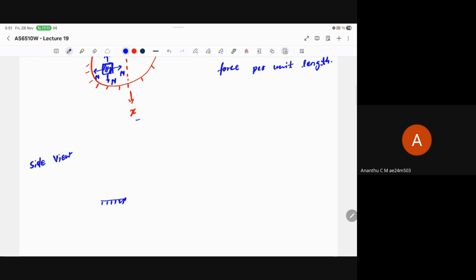So from here to somewhere here, and you are going to, so this is your membrane.